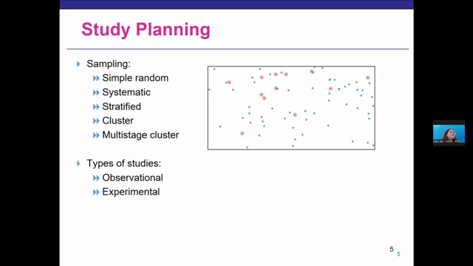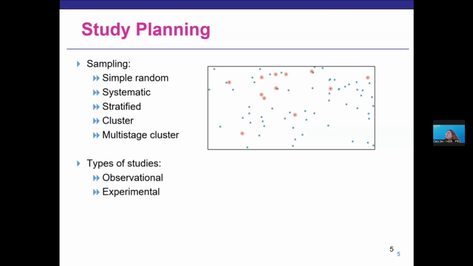This means that we have a random sample when each case or each subject of the population has the same probability of being collected in the sample.